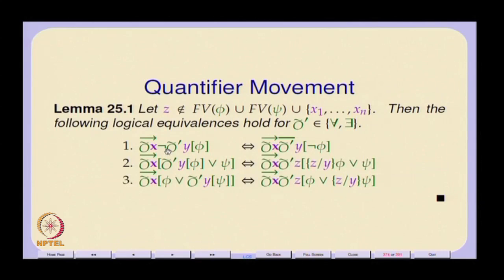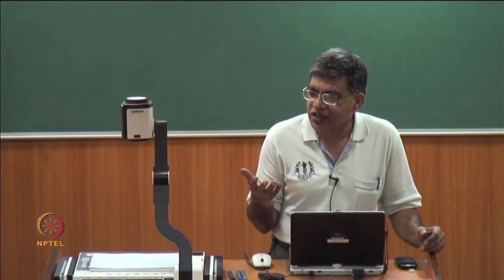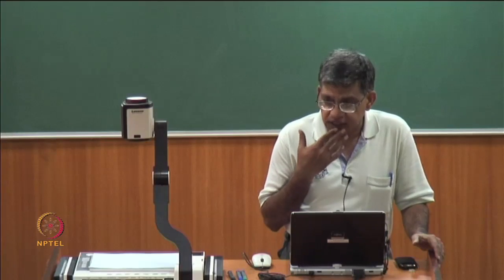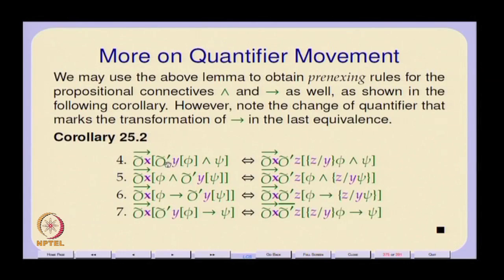Of course, once you have done this for NOT and OR, it follows as a corollary that you can do similar things for the other operators. Now that we have got our natural deduction system, we can consider the full language, and so we will work with the full language. So here for AND, if you have q prime y phi, I alpha convert that to q prime z, z for y in phi, and since z is new, I can move this quantifier out.